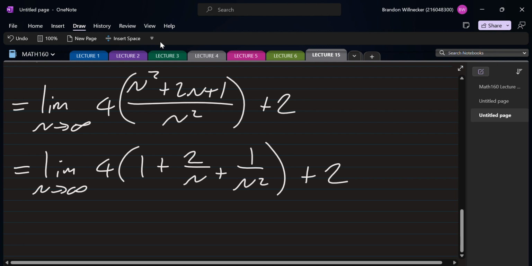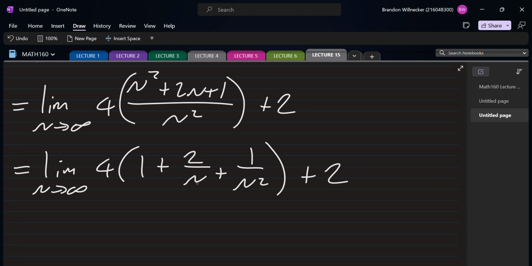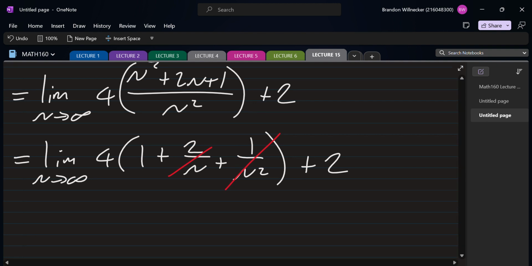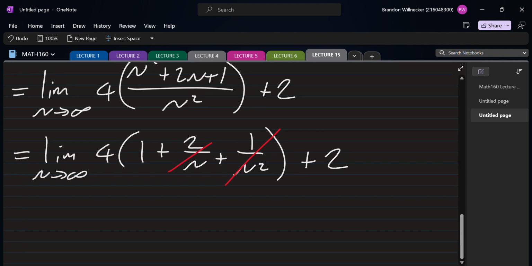Okay, now again taking the limit, that's as easy as just crossing out terms. We've got 2 over n, that goes, 1 over n squared, that goes. Right, just cross it out. Okay, so anything with an n at the bottom and only an n at the bottom, like the n and the n squared and so on, that just goes to 0. If you ever get an n at the top, so if this was something like n, that's wrong.